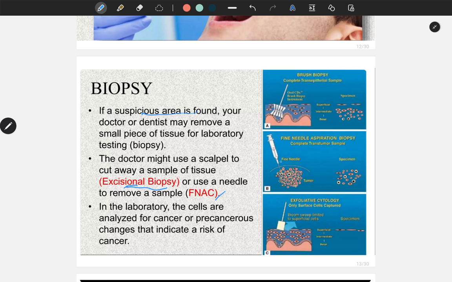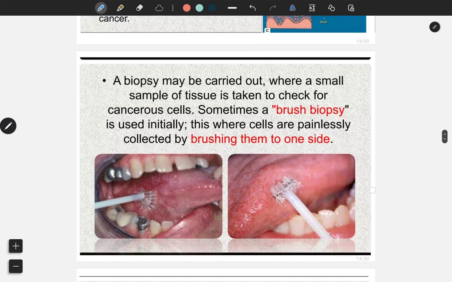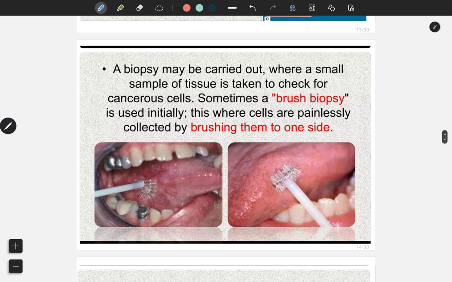That means, with the help of the needle, we withdraw fluid from that area, and further investigations can be done by checking the color of the fluid and laboratory testing. In the laboratory, the cells are analyzed for cancerous or precancerous lesions, changes that indicate a risk of cancer. A biopsy may be carried out where a small sample of tissue is taken and checked for cancerous cells.